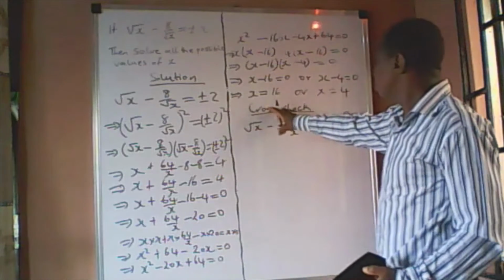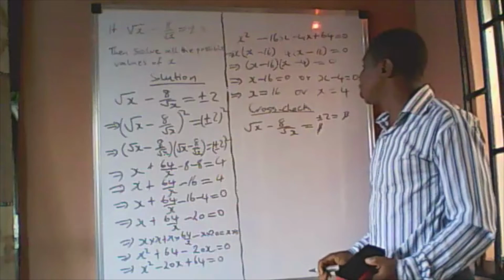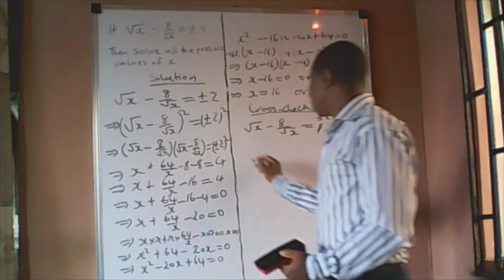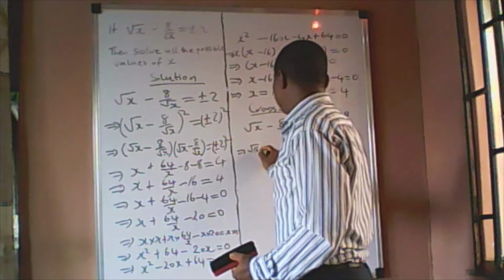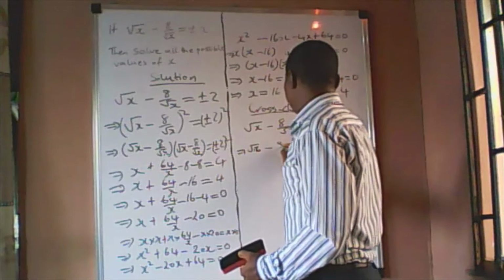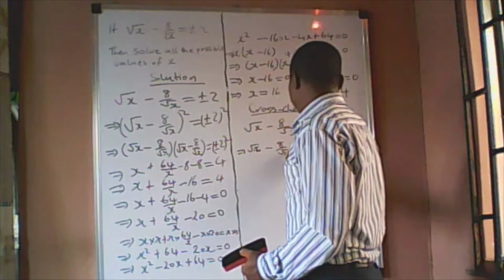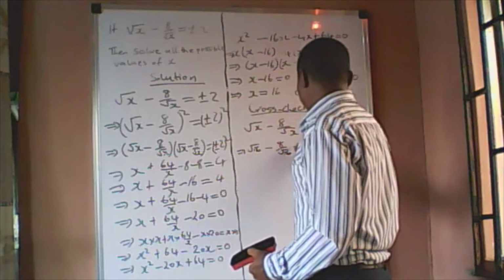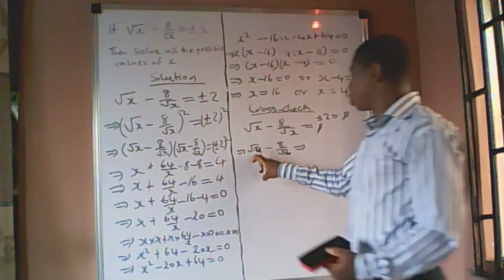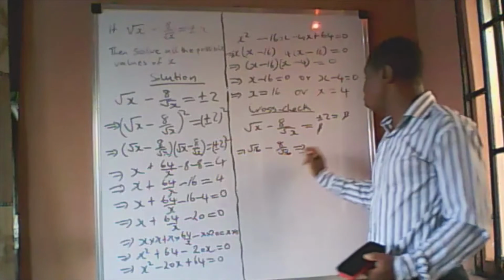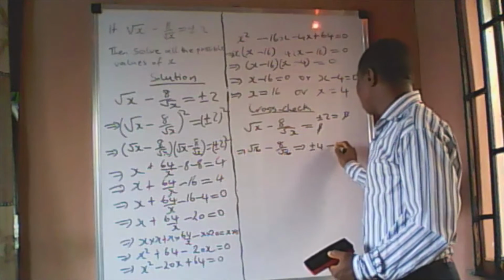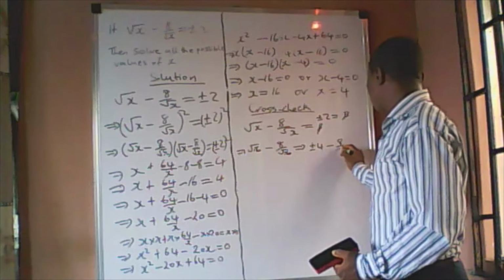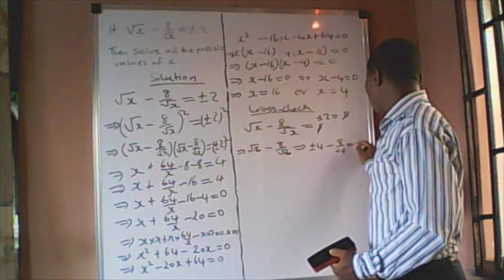Then substitute 16 into the equation. We get root 16 minus 8 over root 16. Root 16 is plus or minus 4, minus 8 over root 16, also plus or minus 4, equal to beta.